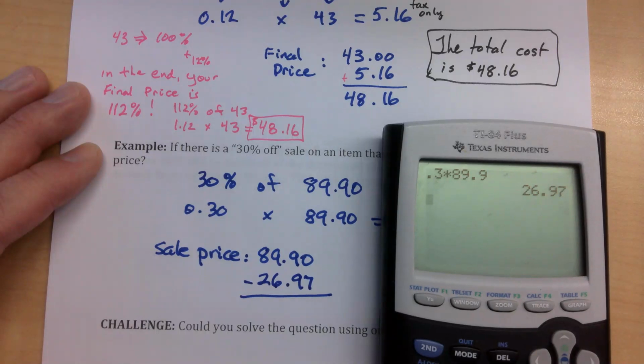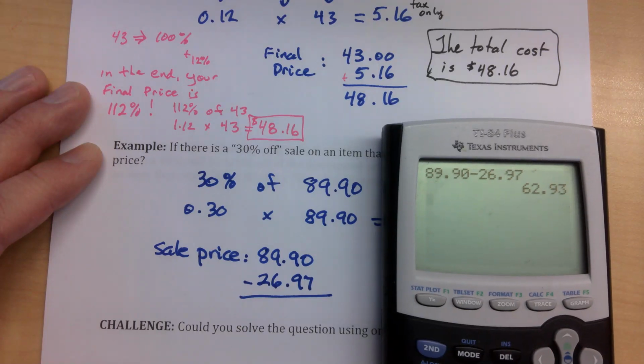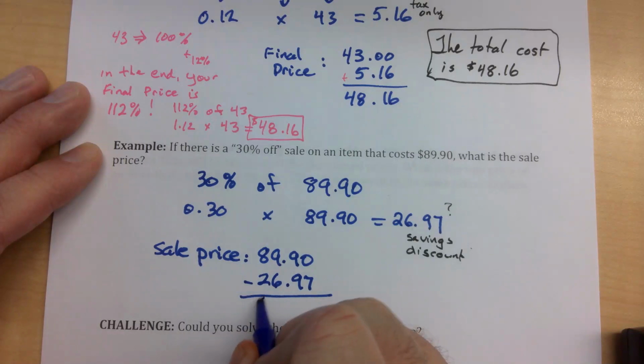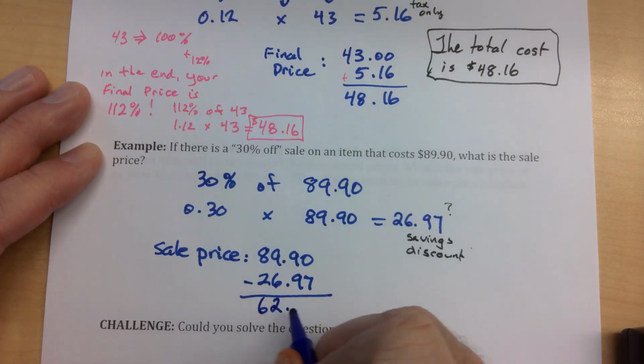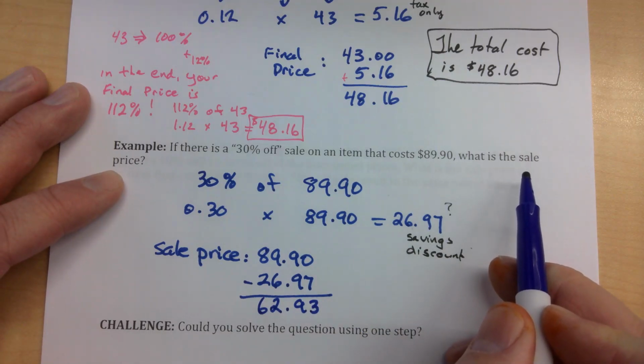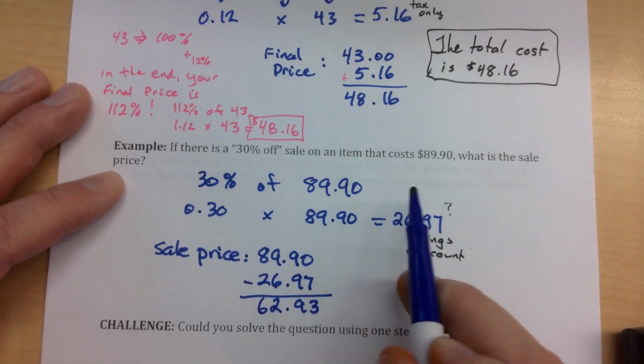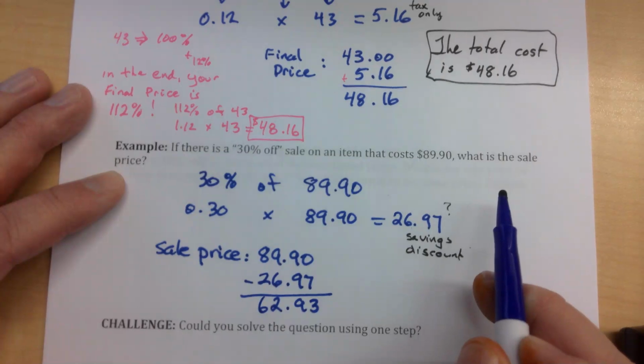Okay, so $89.90 minus $26.97. The sale price is $62.93. Now look, this is the sales price. It's not the final price. This question didn't talk about taxes. It doesn't talk about what you're going to finally pay at the till.